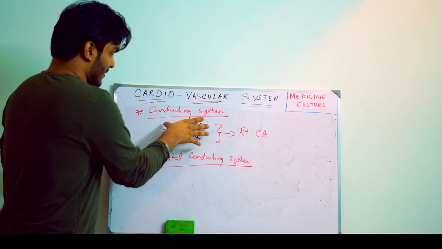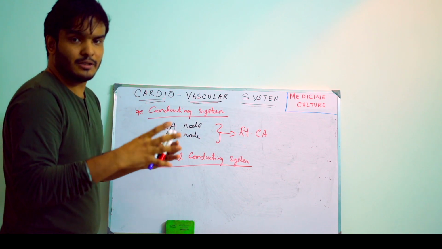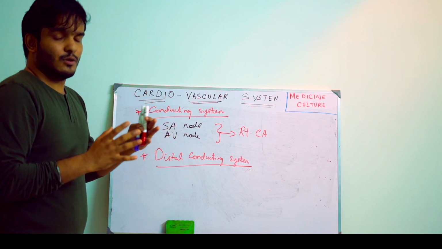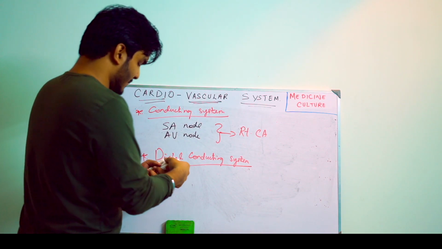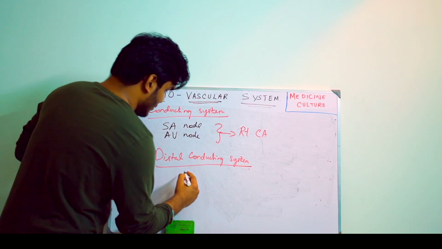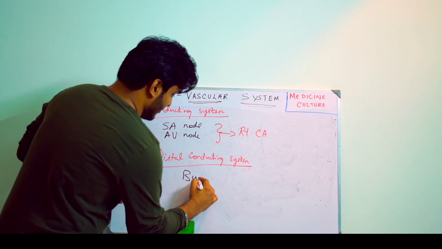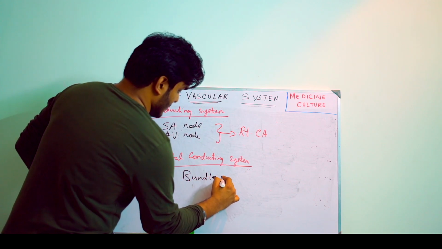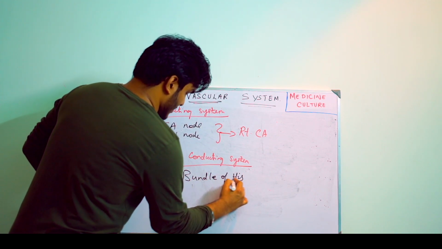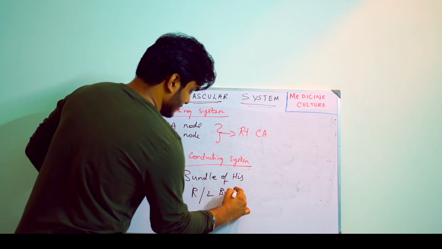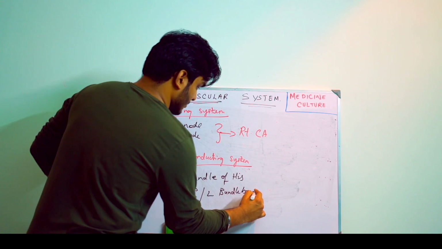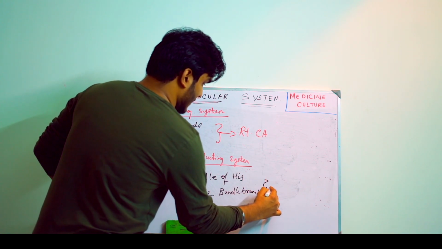The impulse starts from the SA node, AV node, then distally the bundle of His. Then the impulse goes from the left bundle branch, then to the right bundle branch. So yes, bundle of His, and right and left bundle branch. These both are supplied by which artery?